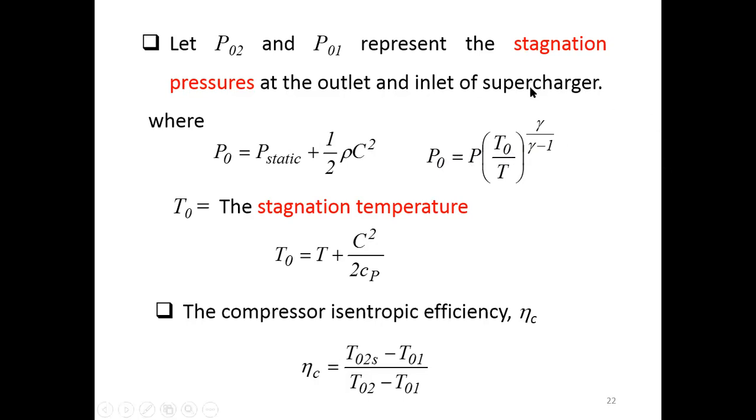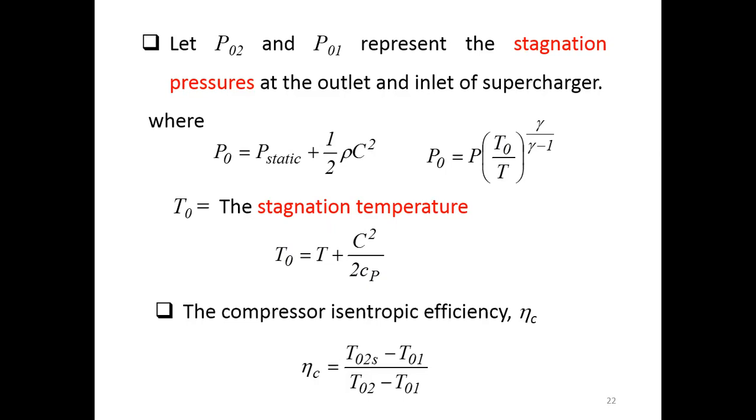And this T0 is called the stagnation temperature, where T0 is equal to the static temperature plus the velocity term due to the flow, C squared over 2 times Cp, the specific heat of that working fluid. Okay, so now we have stagnation enthalpy, stagnation pressure, and stagnation temperature.